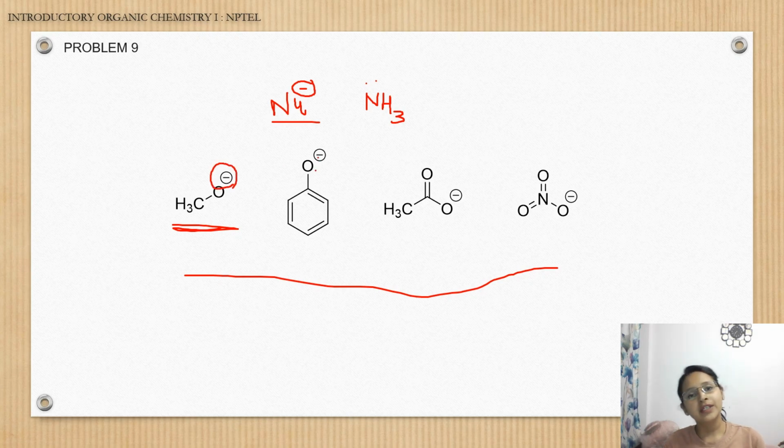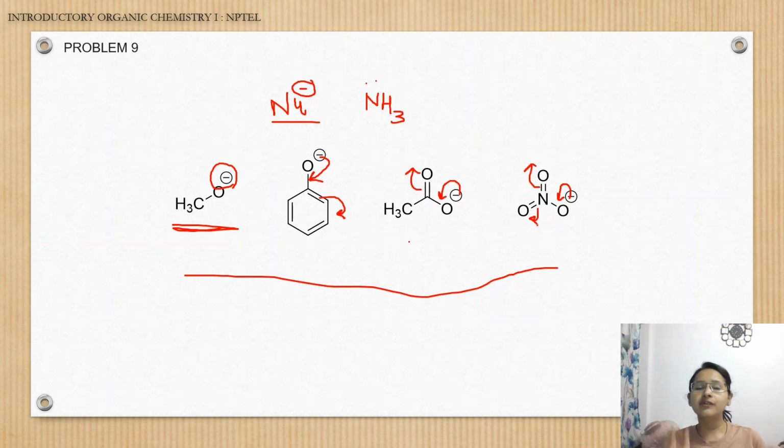But in the phenoxide ion, the negative charge is getting delocalized into the ring system. So it is not confined on the oxygen atom. Here also, similarly, resonating structures are there; it can resonate on either side, right?